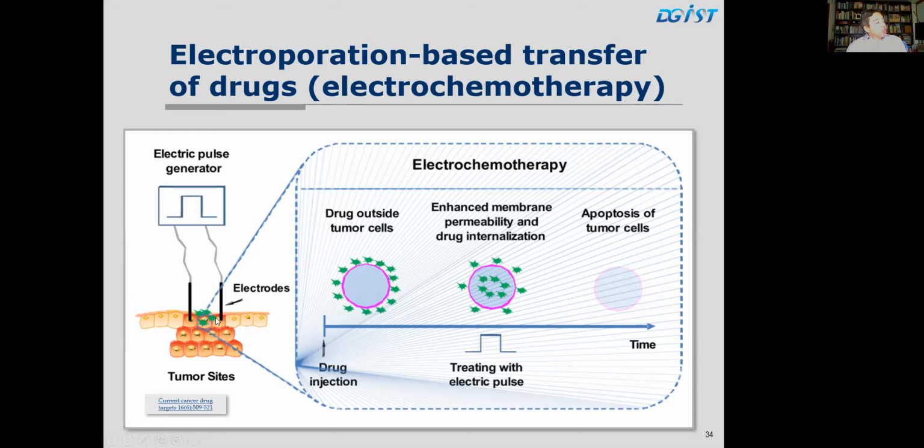But if we can generate some electrical pulses that have a counter-ion effect, the alpha dispersion effect we described, that moves ions around the membrane, disrupting them slightly, that electroporation can essentially make the membrane more permeable, and treating with that electrical pulse will allow the drug to get into the tumor. And that drug will then induce apoptosis, and the tumor cell will die.